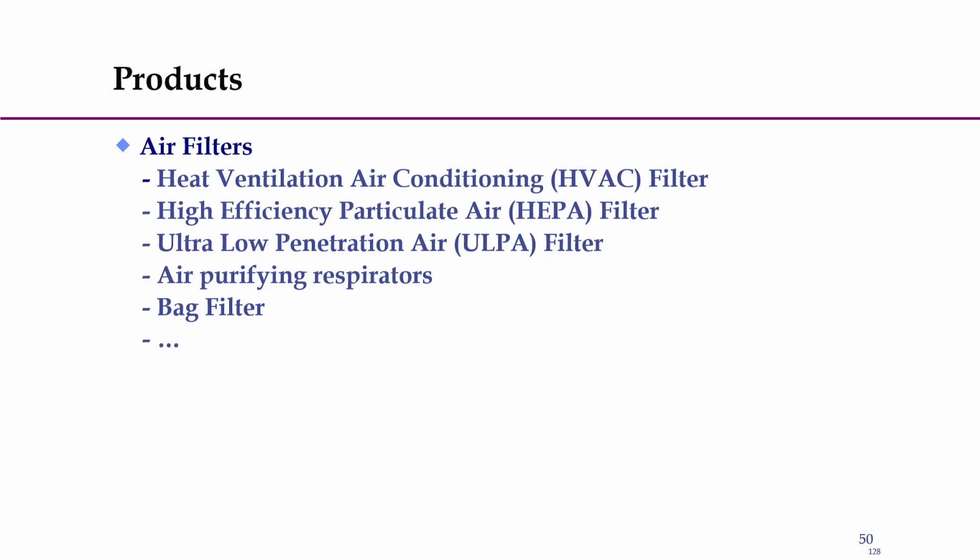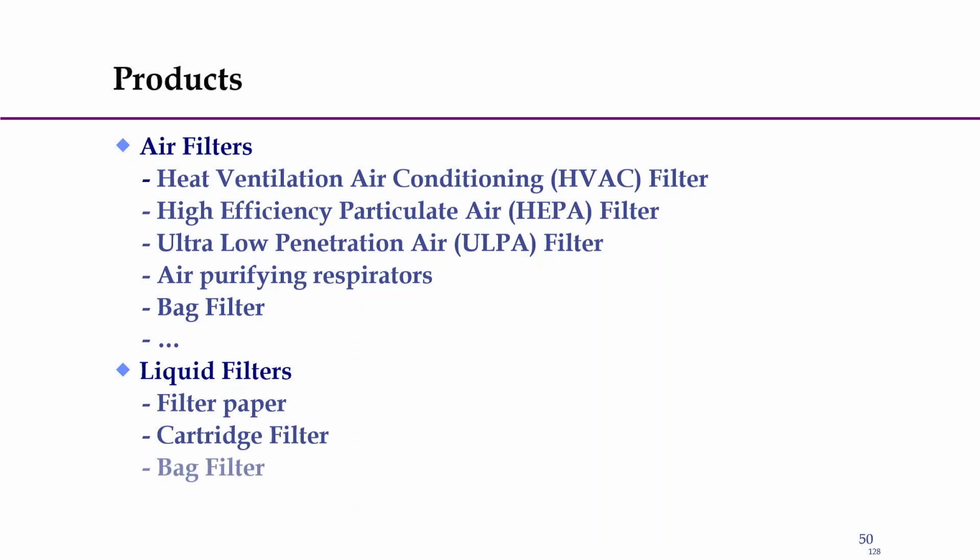So, there are different types of products available. For liquid filters also, filter paper, cartridge filter, bag filters are also used. So, different types of products we can get from the filter fabrics.